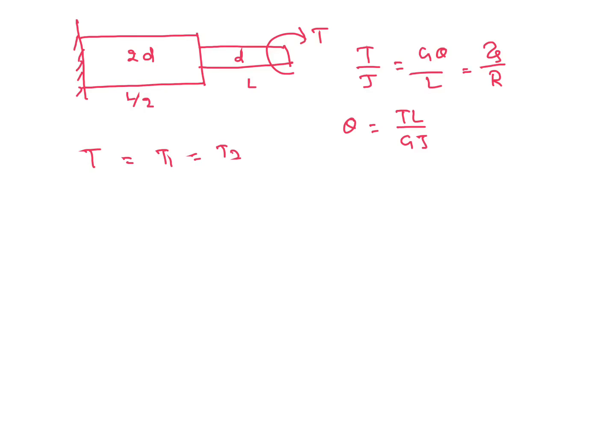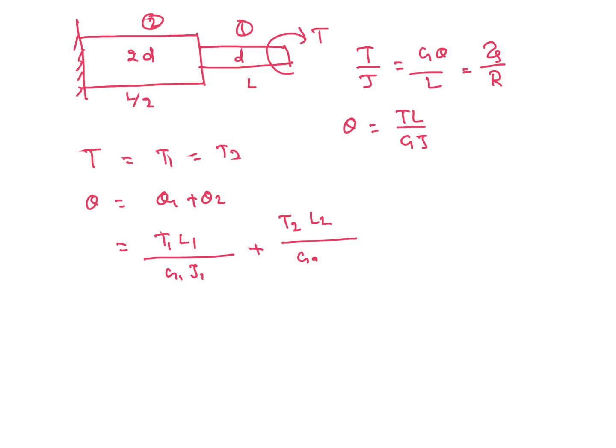This is section 1 and this is section 2. Then theta 1 and theta 2 value we will put, T1 L1 by G1 J1 plus T2 L2 divided by G2 J2. J value is changed, G value is same, modulus of rigidity G is same, torque also same torque, both section 1 and 2.